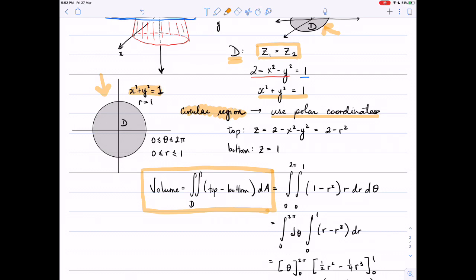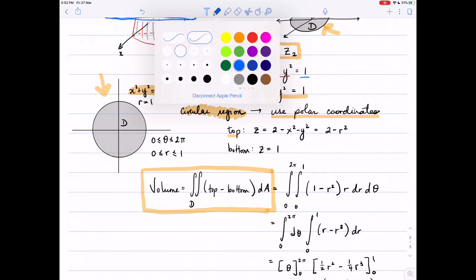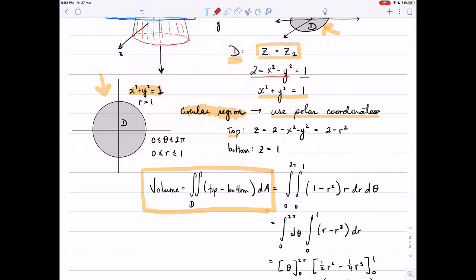So we have the top function that we said here. We need to convert the top function into polar coordinates. So the top function 2 minus x squared minus y squared. So we're remembering that r squared is x squared plus y squared. There was our formula from polar coordinates. So we're plugging that in here, and so we get 2 minus r squared.